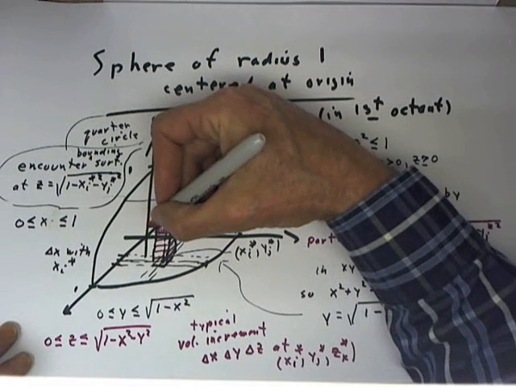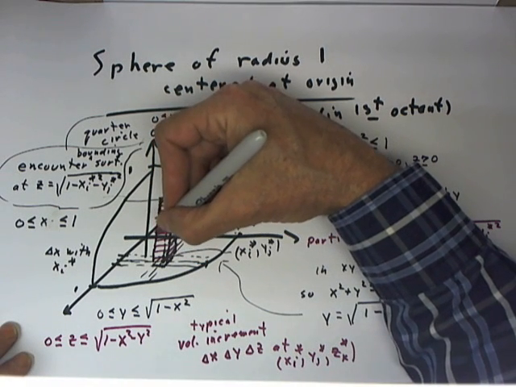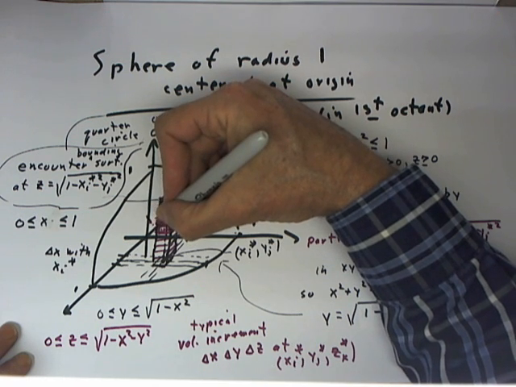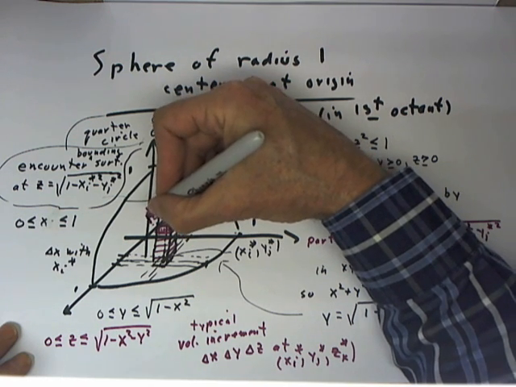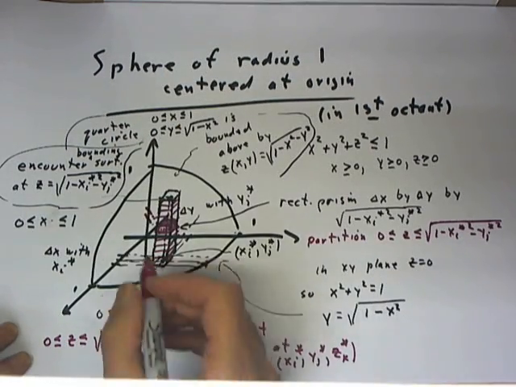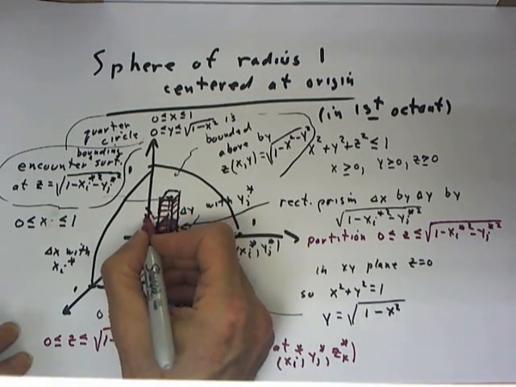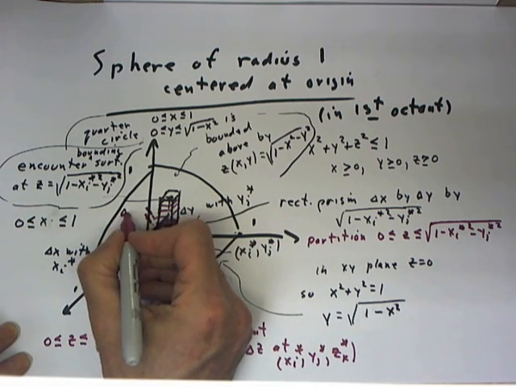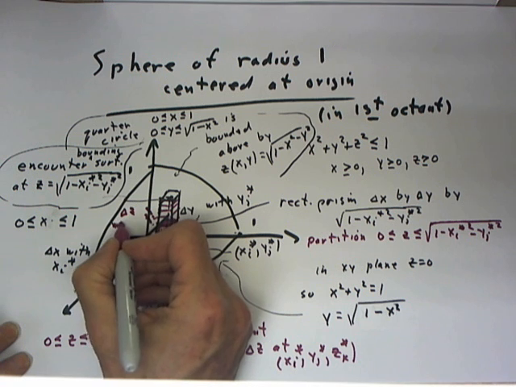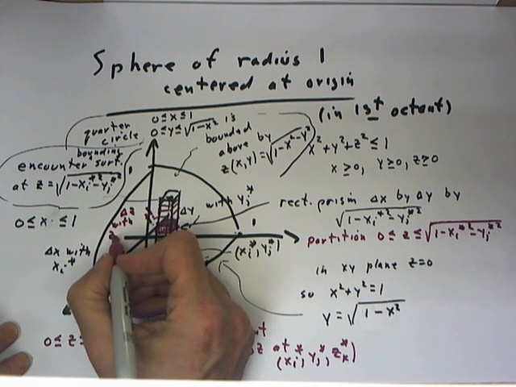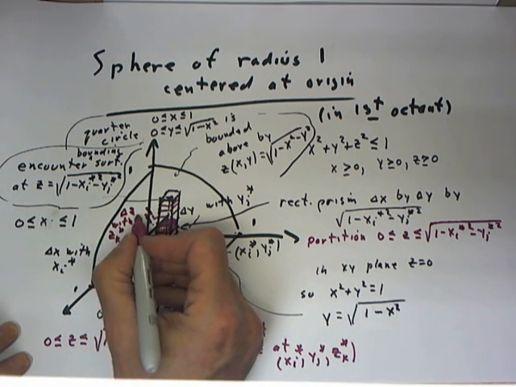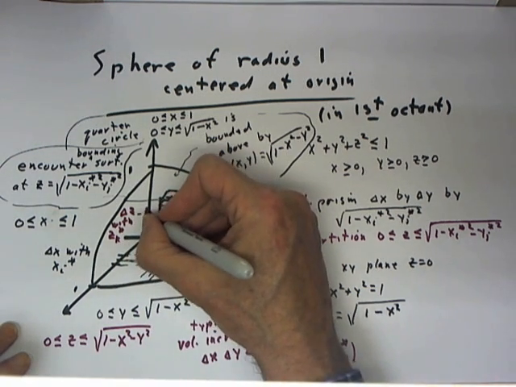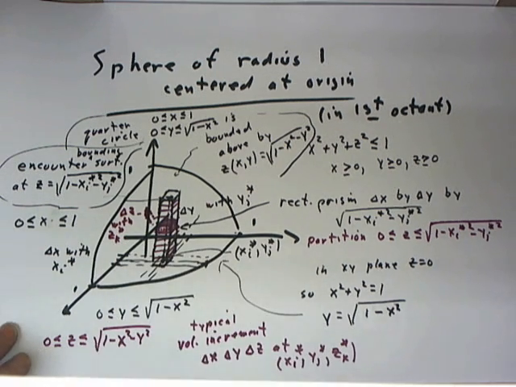Our typical z increment runs from here to here on the z-axis, and that's a delta z with zk star. So we have an interval here, a delta z interval with a typical zk star.